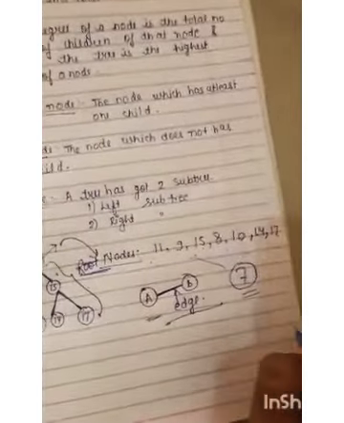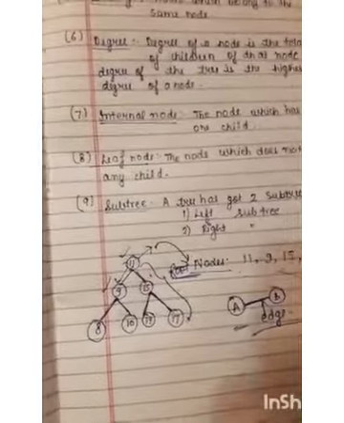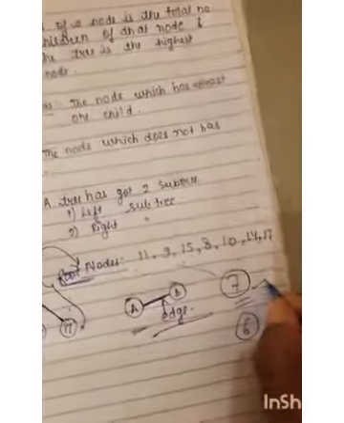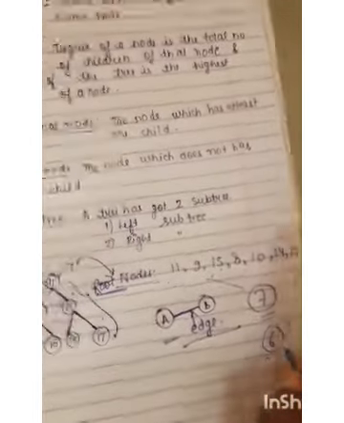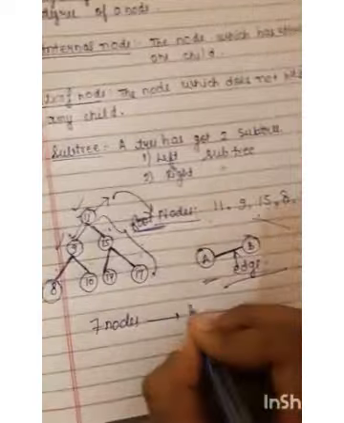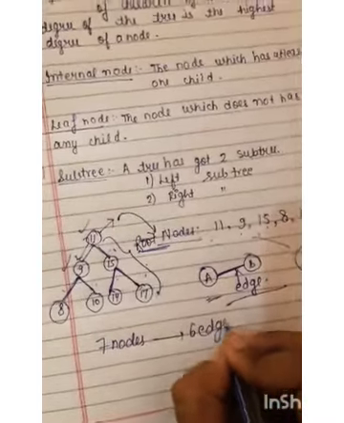This much is clear. Now if there are 7 nodes, how many edges are here? 1, 2, 3, 4, 5, 6. It means if there are 7 nodes, then there are 6 edges.